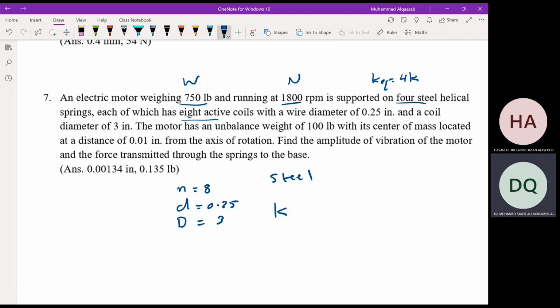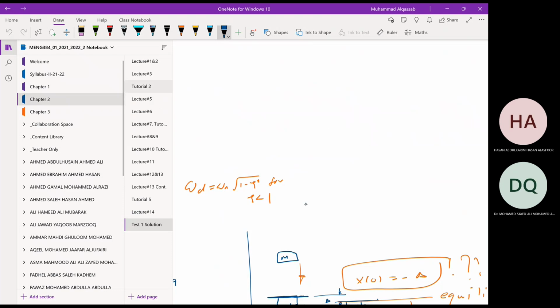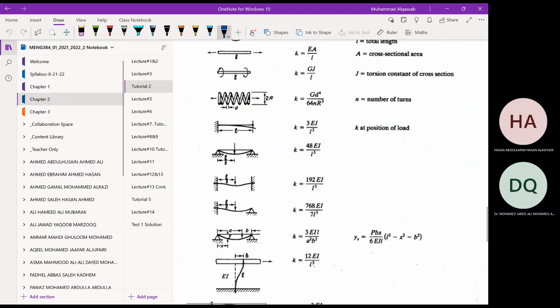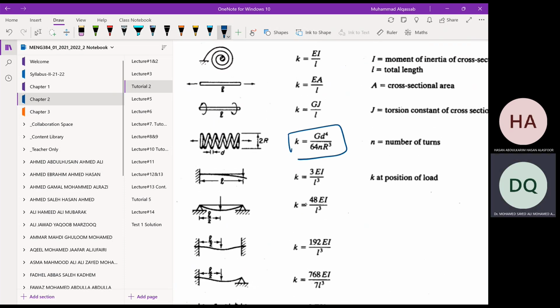You can calculate K of the spring using G d to the power 4 over 64 N R to the power 3.